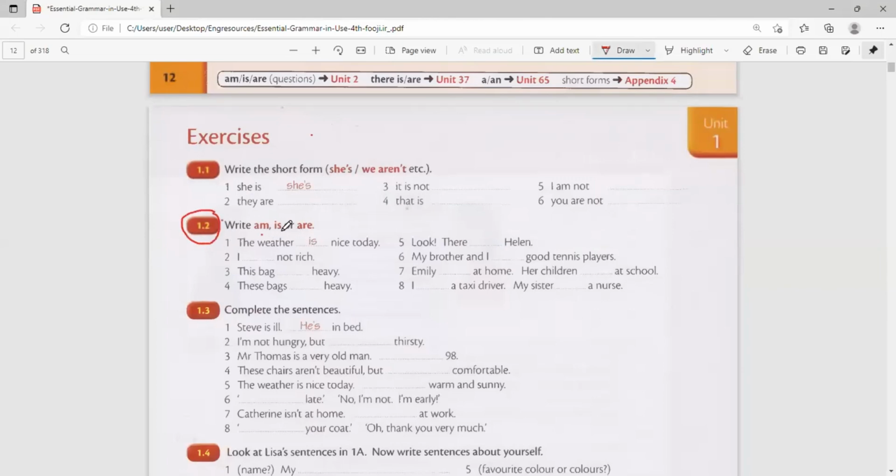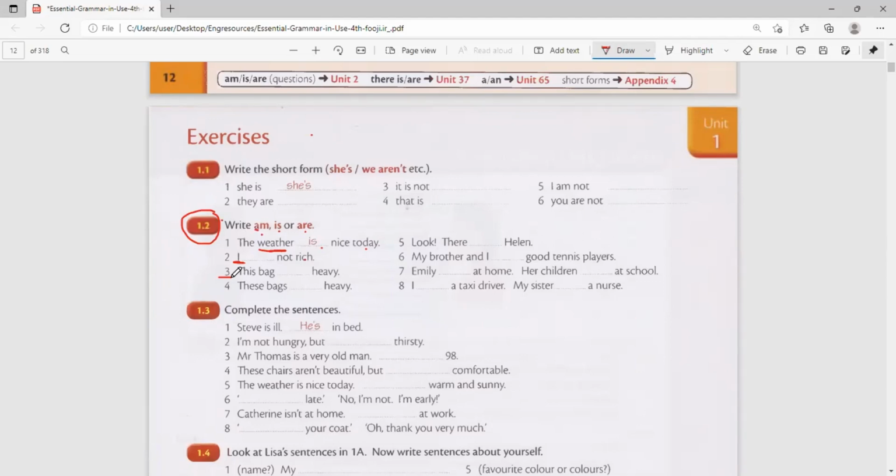Am, is, are. The weather is normally seen as one: the weather is nice today. I am not rich. This bag is a thing. Yasin, number 3, no, number 4.